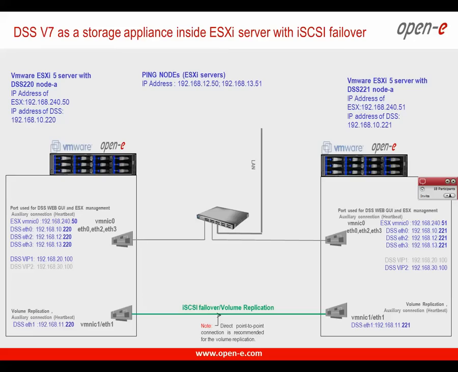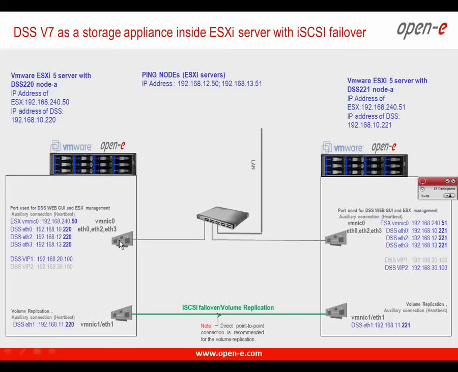So ETH0, ETH1 is here, ETH2 and 3 will be residing on this first physical adapter, and ETH1, which we are going to use for the replication, will be residing on the second physical adapter.